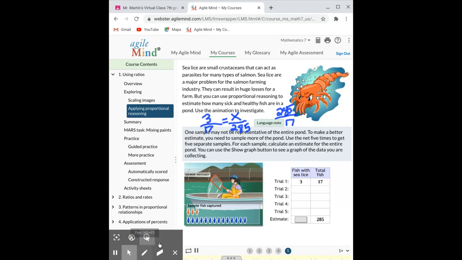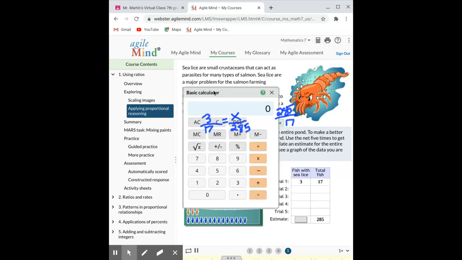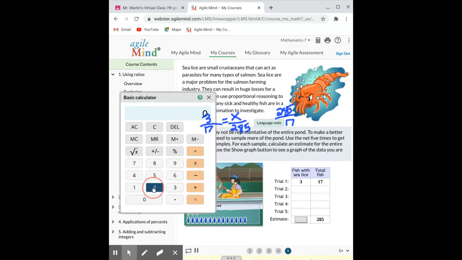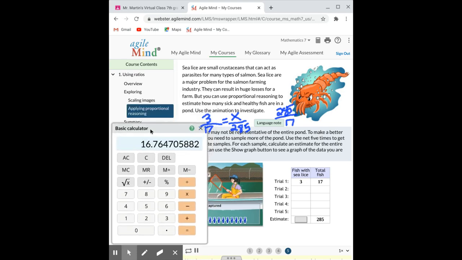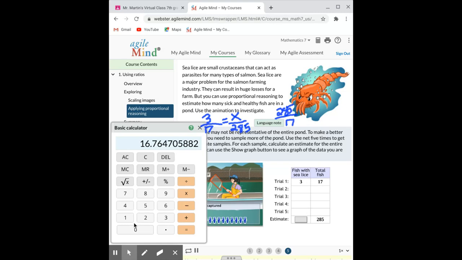All right, so we're going to take our calculator and we're going to do 285 divided by 17. And when we do that, we get this extravagant number. So if you look at this, we got 16.764705882. I want to round to the nearest tenth. So we're going to look in the hundredths place.